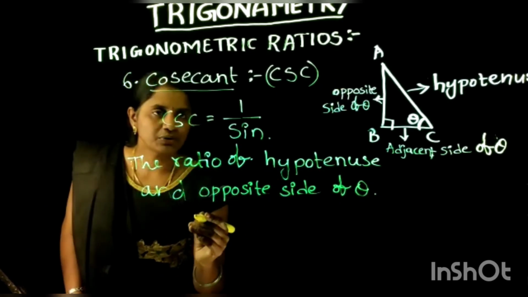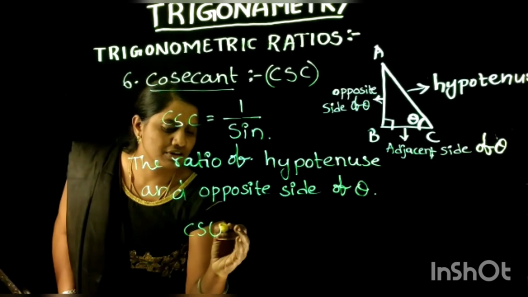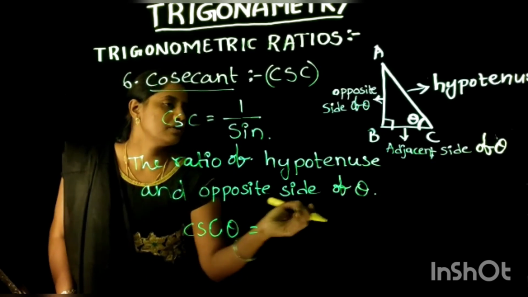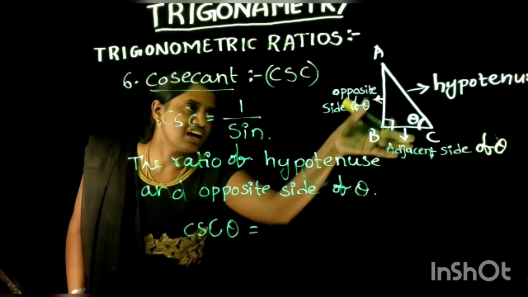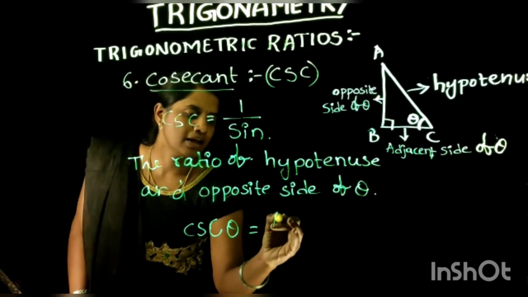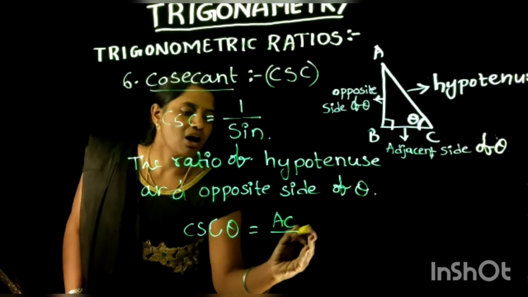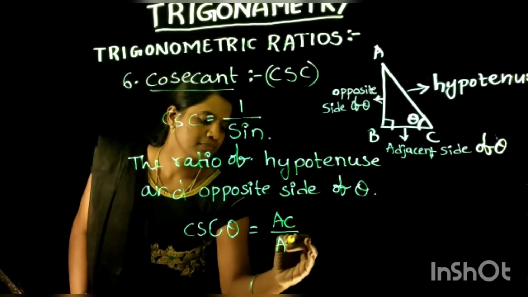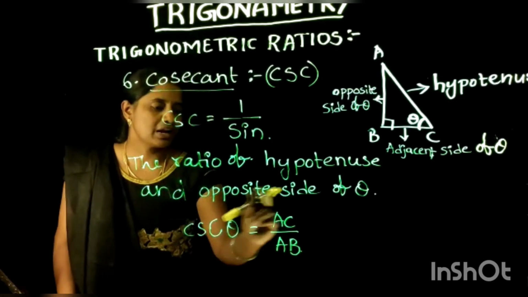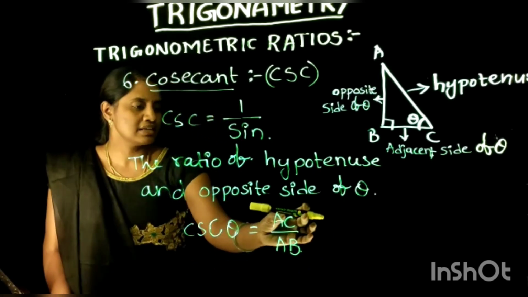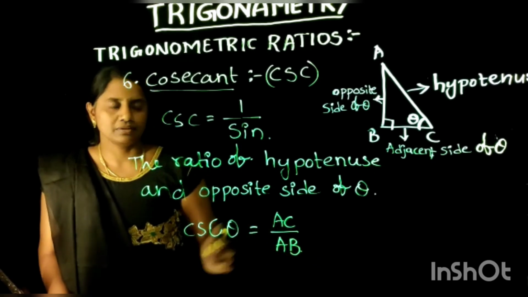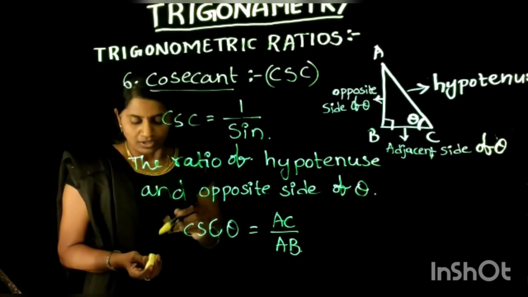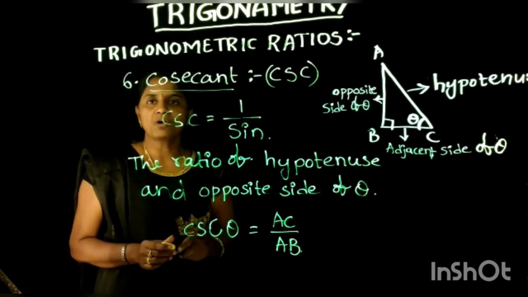From the figure we write cosec theta is equal to AC by AB. These are the six trigonometric ratios. In the next video we will solve problems on this.